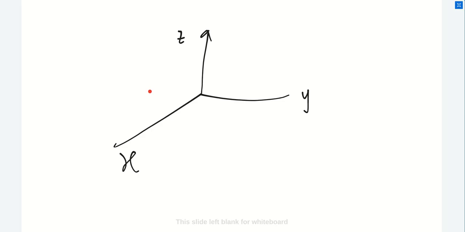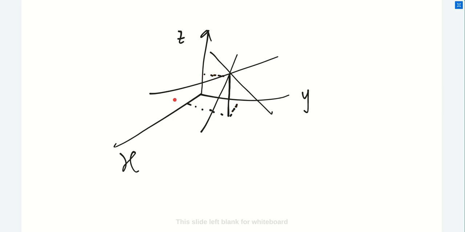Three lines, let's assume they are intersecting over here. First, we send it to the base plane, then we draw a line, then we draw one over here, okay?